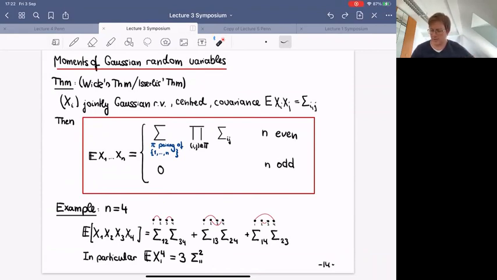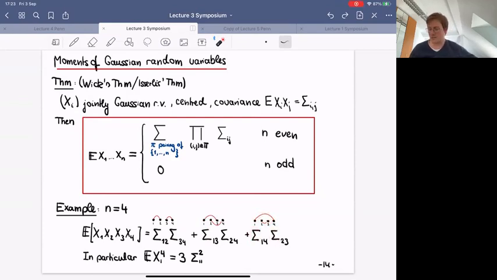So a general fact: if x1 to x4 is a jointly Gaussian vector, then we can calculate these joint fourth moments by taking the covariance between the first and the second, and the covariance between the third and the fourth, and we sum over all possible ways of pairing them. So I can pair 1 to 3 and 2 to 4, and then I can pair 1 to 4 and 2 to 3. It's an exact identity.